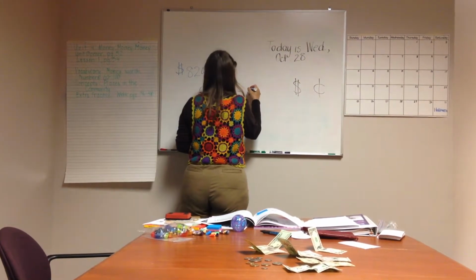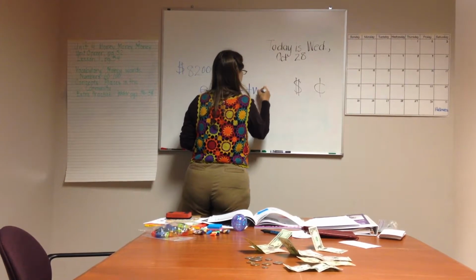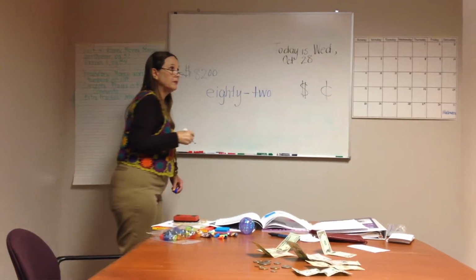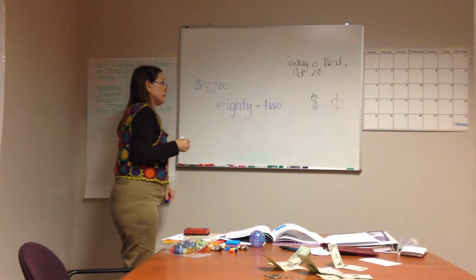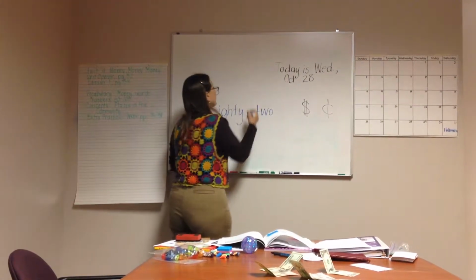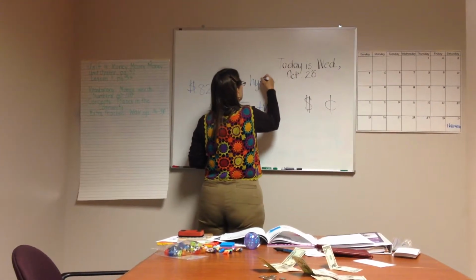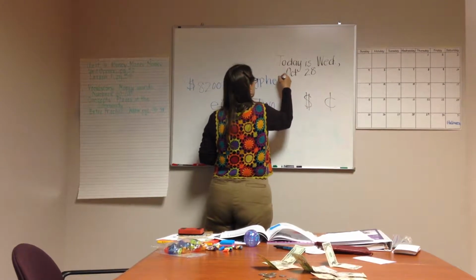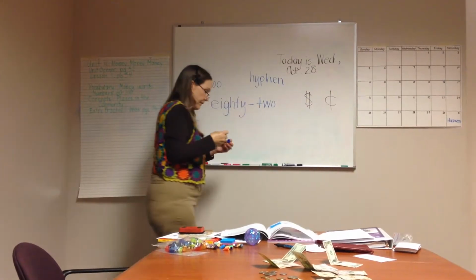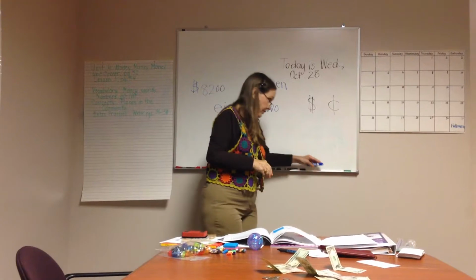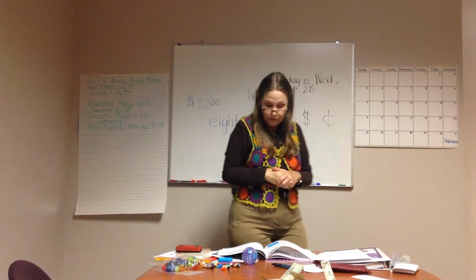I'm going to use the word hyphen, and I'm going to show them what it looks like. And I might even write it on the board. This is called a hyphen, and it's used when you write numbers.